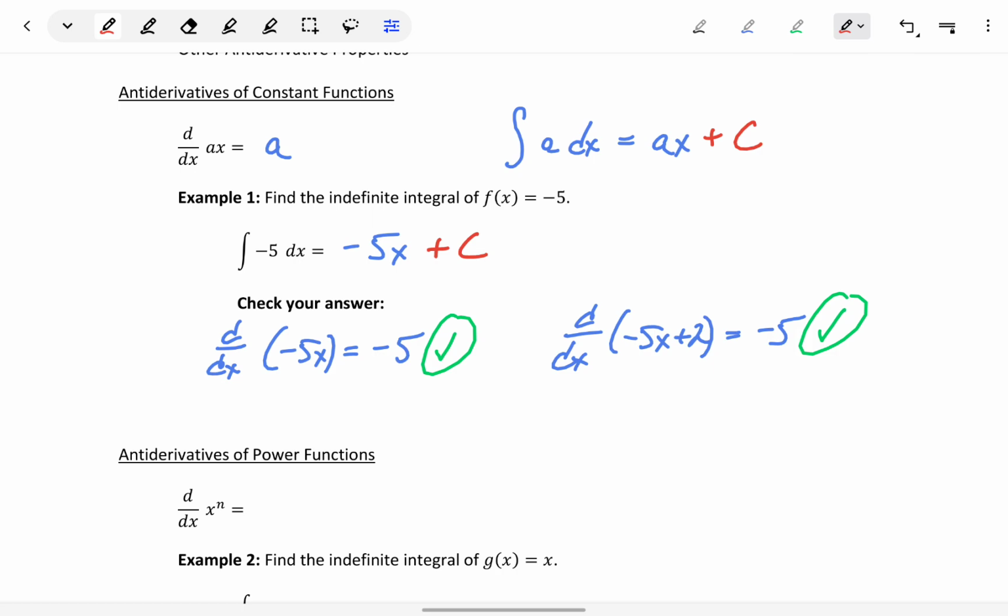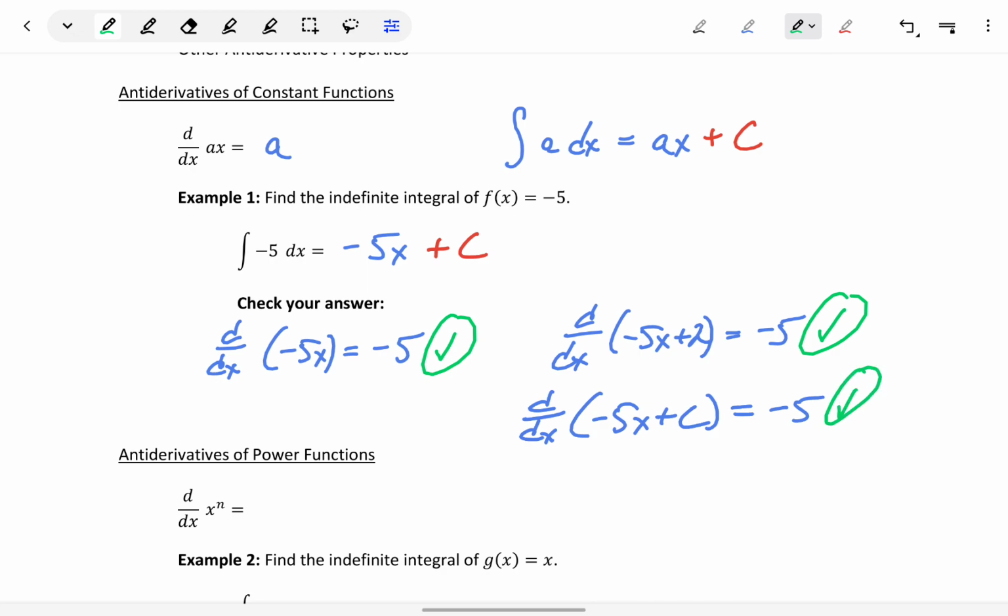So we say that the indefinite integral, or the antiderivative of -5 dx is equal to -5x plus c, and that checks out because if we take the derivative of -5x plus c, we get -5 plus 0, because the derivative of a constant just becomes 0. So that checks out.